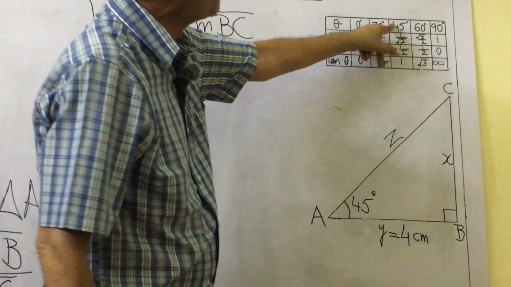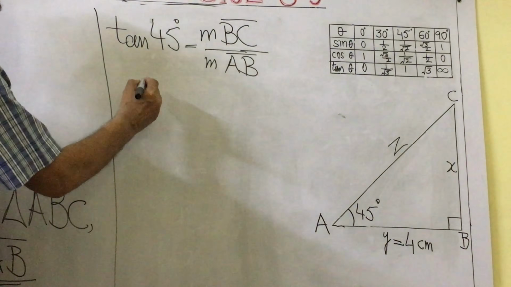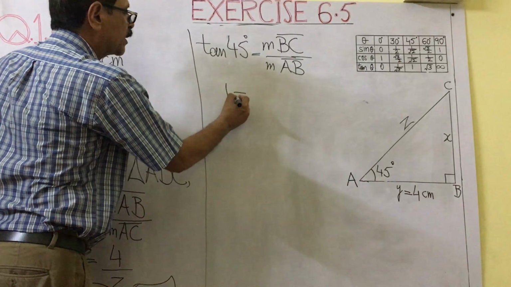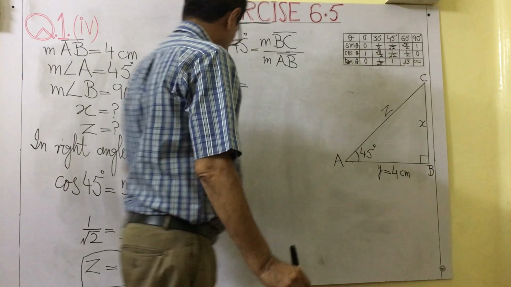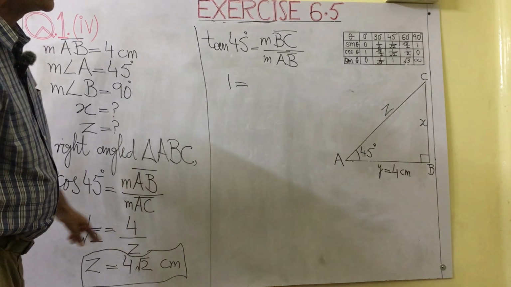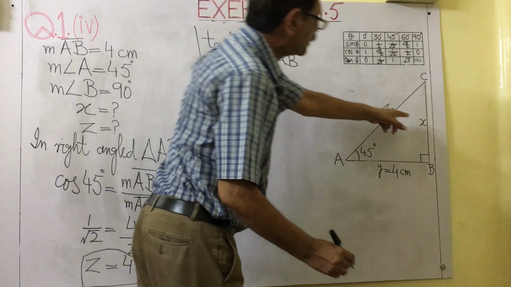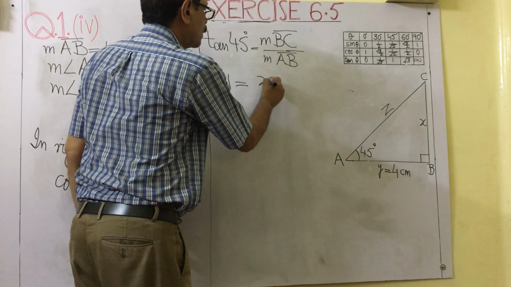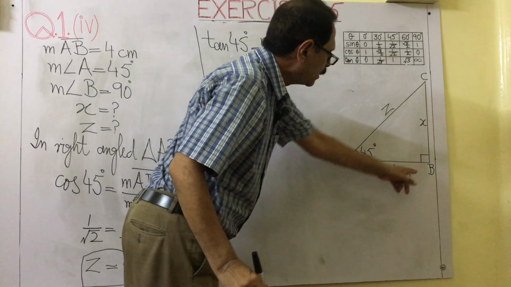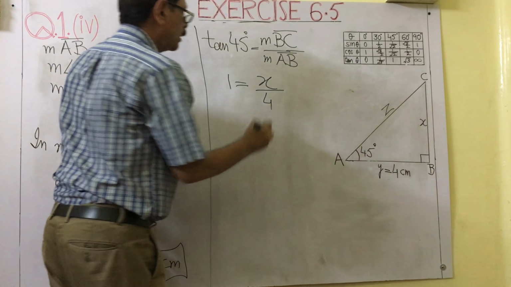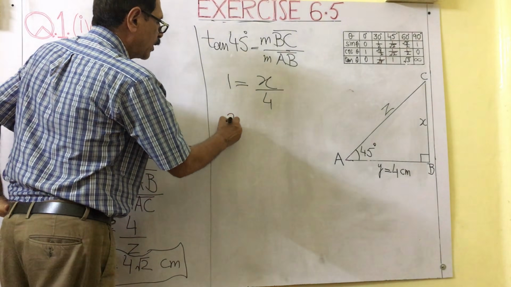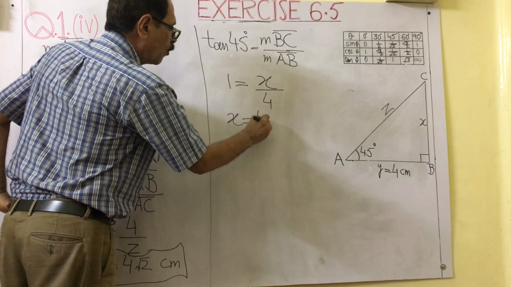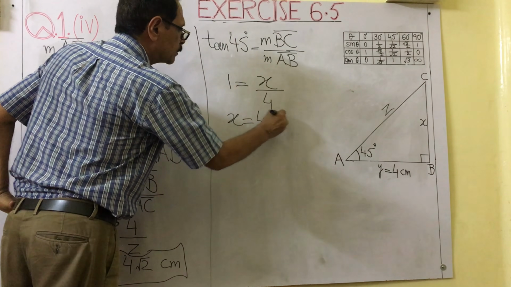Tangent 45 degrees is 1. Putting the value, 1 is equal to BC, which is x, over AB, which is 4. Multiplying both sides by 4, 4 ones are 4, x is equal to 4 centimeters.